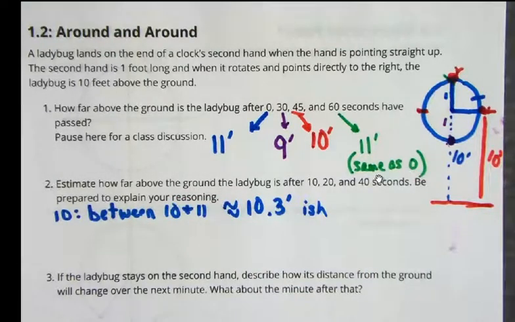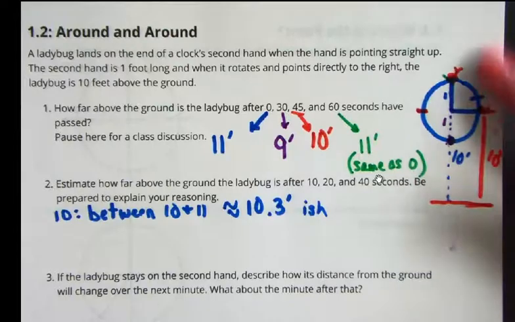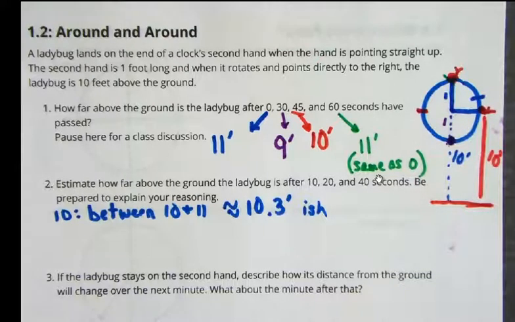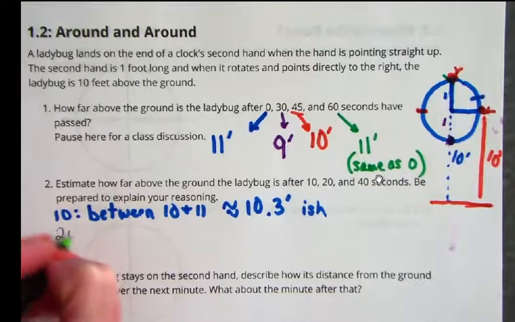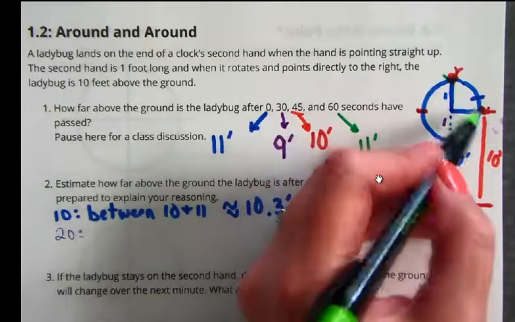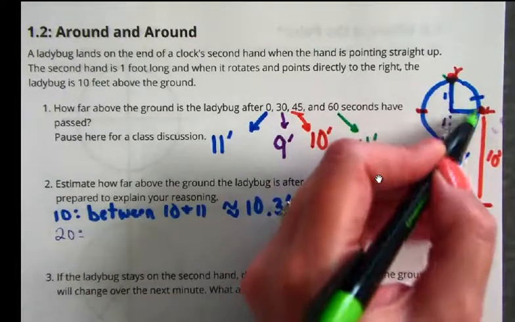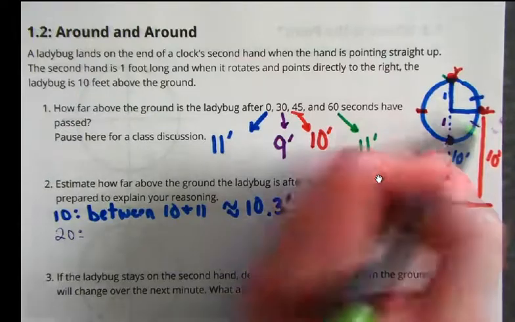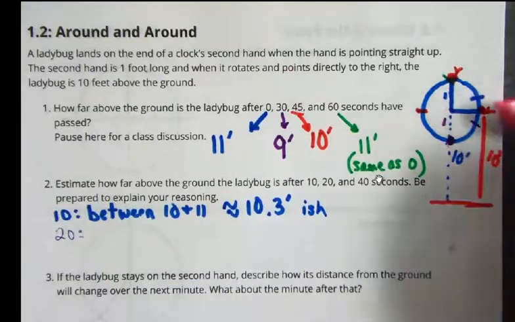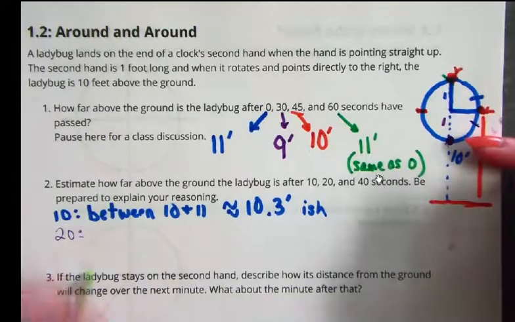And we can explain that reasoning just like we did. So put that into words about how we would go about that. 20 seconds. Well, here we are at 15, and so 20 would be right about here. Again, it's between the 10 feet off the ground and the 9 feet off the ground.